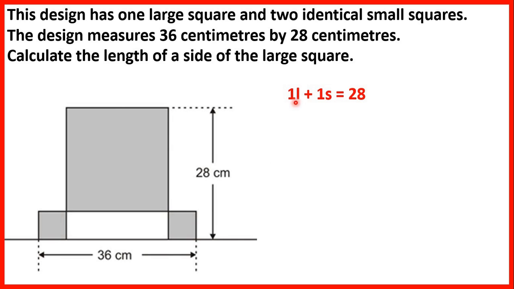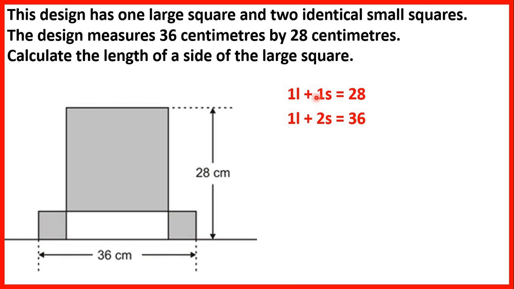So we can write one large plus one small equals 28. And if we look at this length of 36, that's one large square, but this time we have the length of 2 small squares. So we can write one large plus 2 small equals 36.